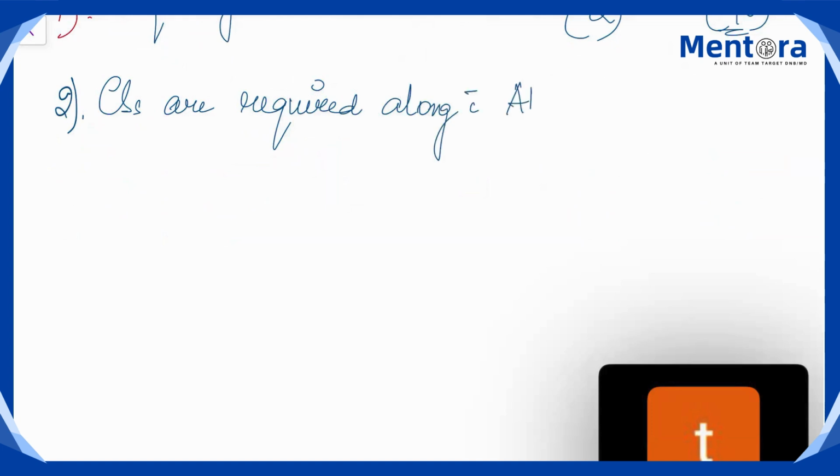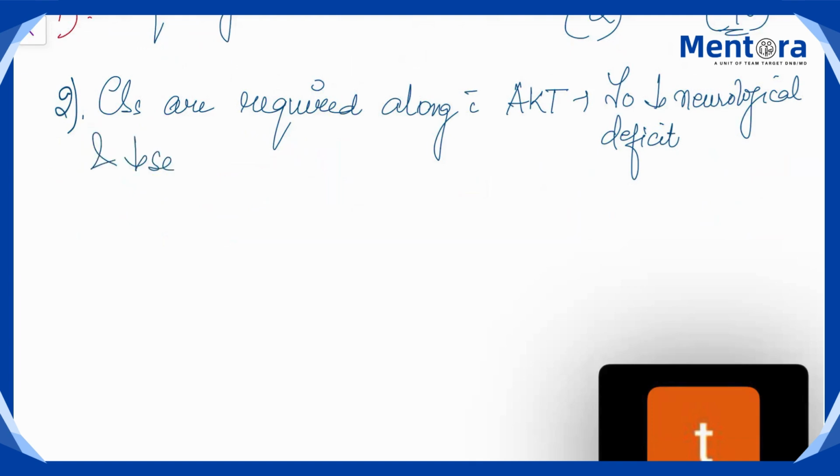Now, in this case, corticosteroids are required along with AKT. And why are corticosteroids required? To decrease the neurological deficit, and decrease the mortality. What is the steroid that is being preferred?